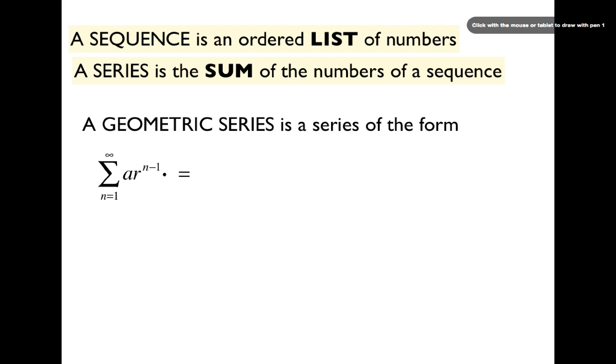So when n is 1, what do you get for this, Caitlin? r to the 0, so just 1, and times a, right? So when n is 1, you get a. And then when n is 2, you get a r to the first, or ar. Then ar squared, etc.